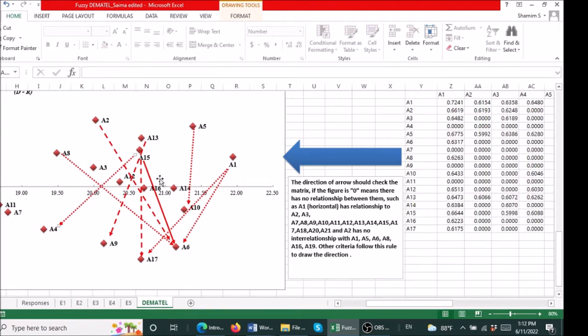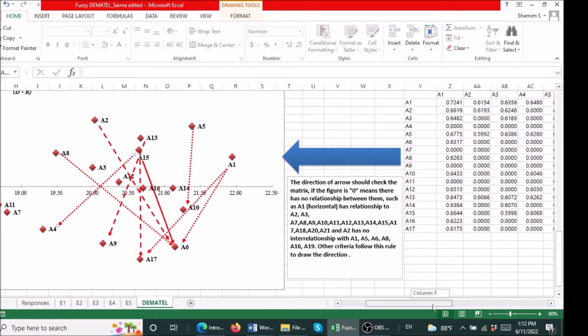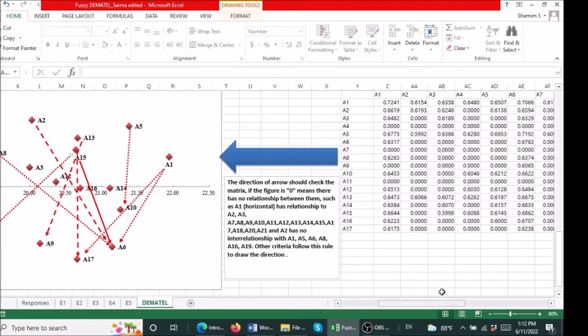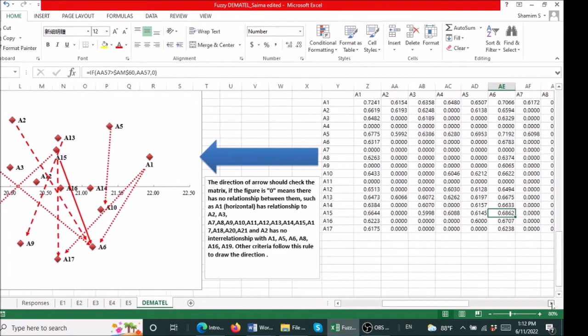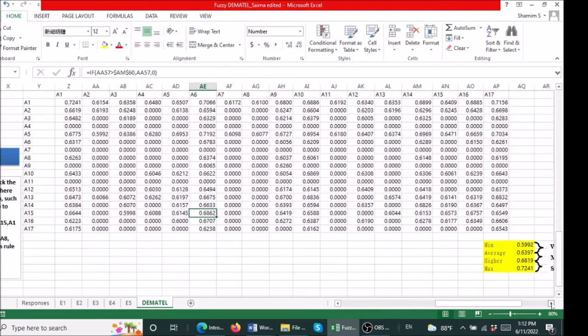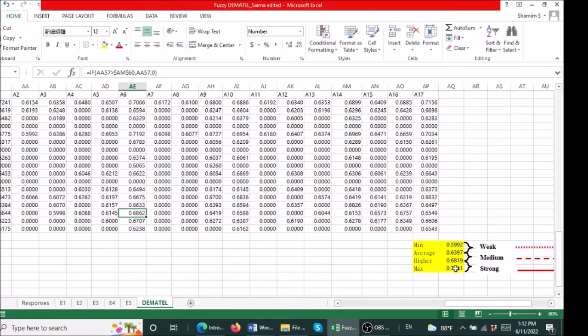For example, A15 relationship, effect of A15 on A6. Let's see, A15 here on A6, this one, 0.6862, right? 0.6862 represents basically the strong effect, right?